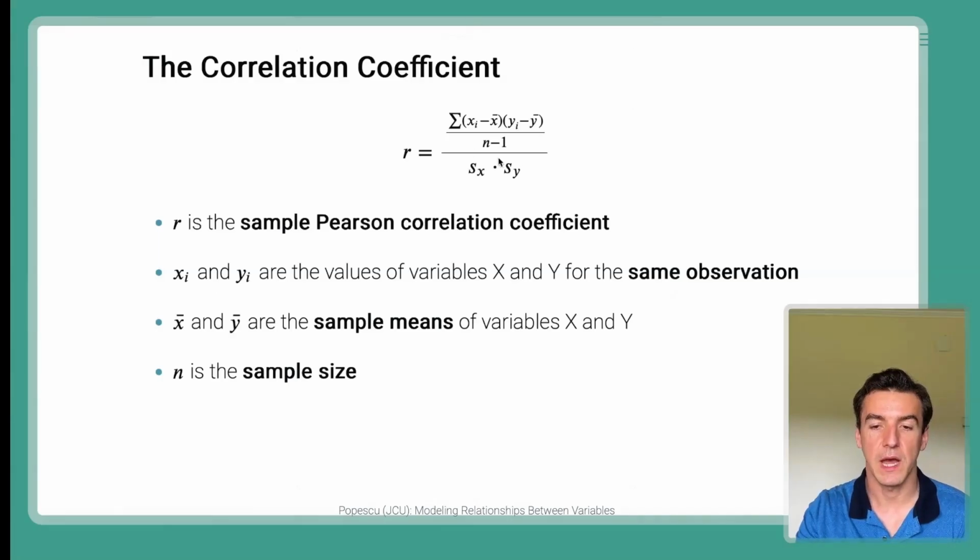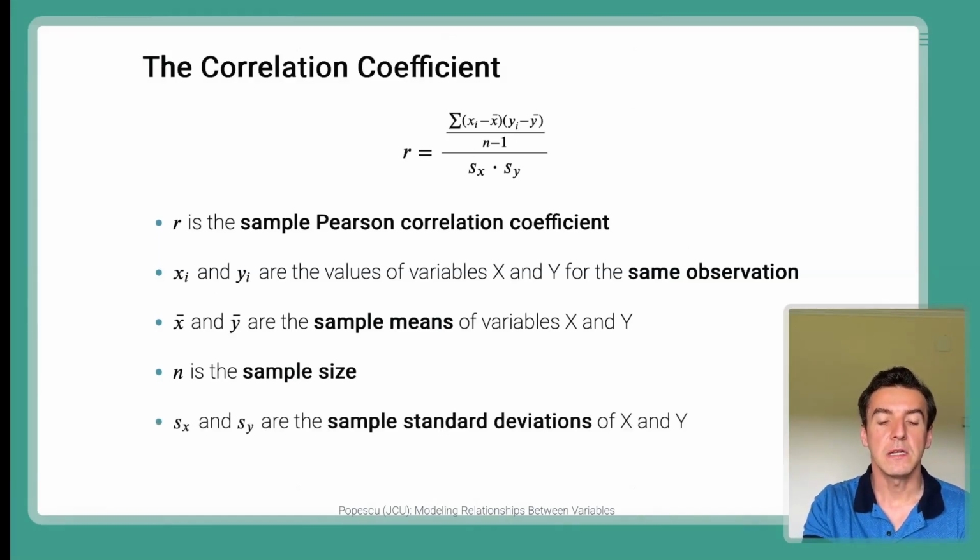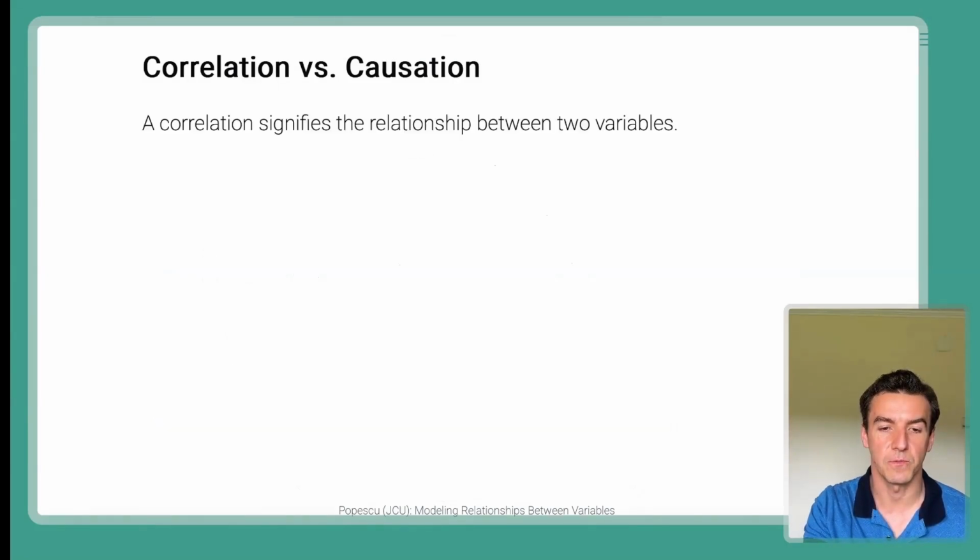So this is what we had here. Finally, Sx and Sy are the sample standard deviations for X and Y. Once again, to learn how to calculate the standard deviations, I encourage you to watch the previous video.